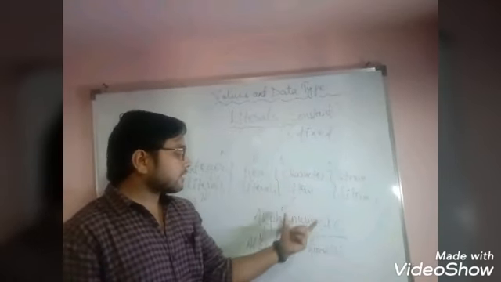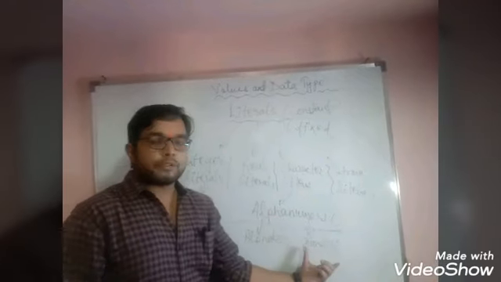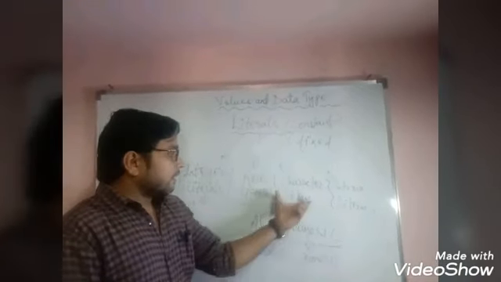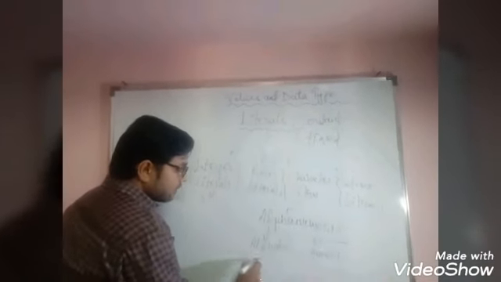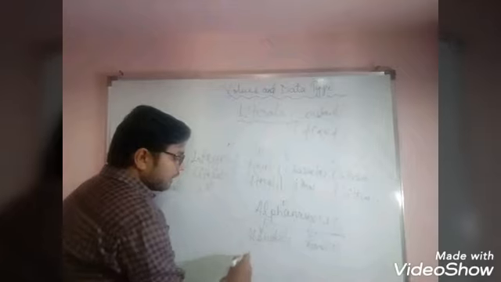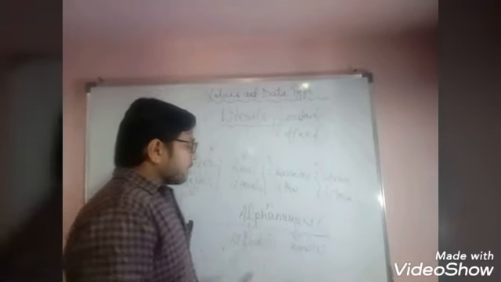So character literals are alphanumeric in nature. But in character literals, the character is enclosed in single quotes, and you can write only a single thing. You can write an alphabet, you can write a number, but a single one at a time and in single quotes. So this is called character literals.